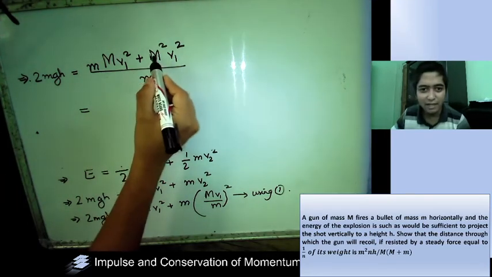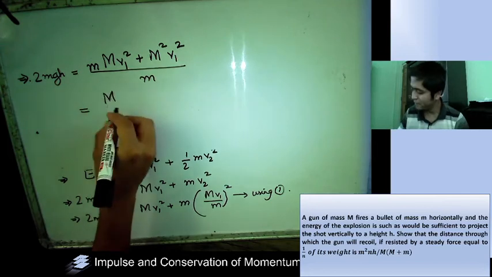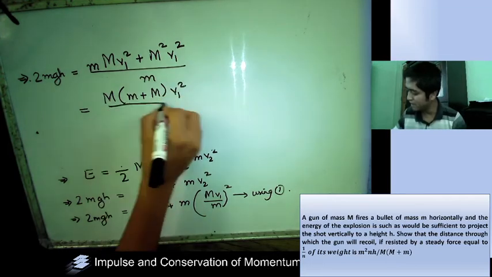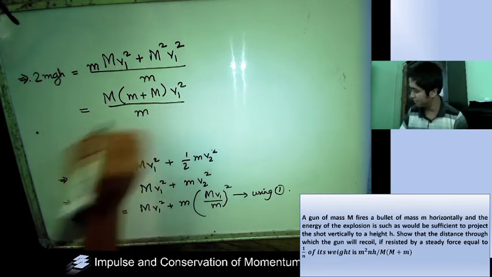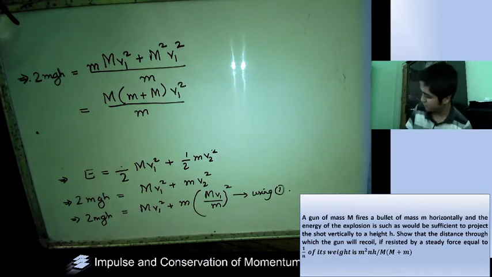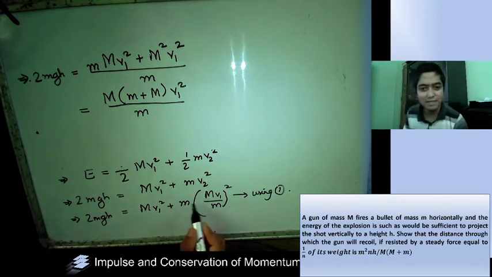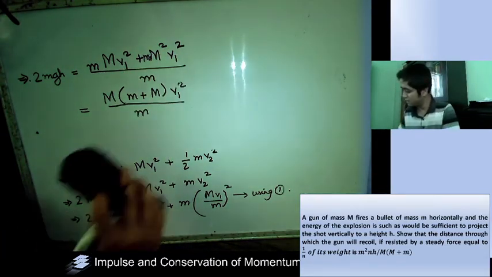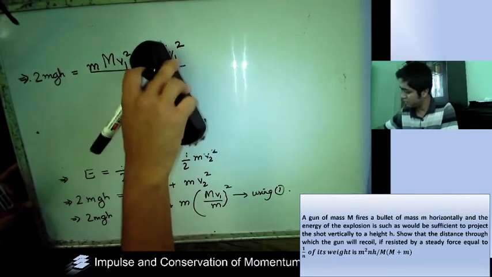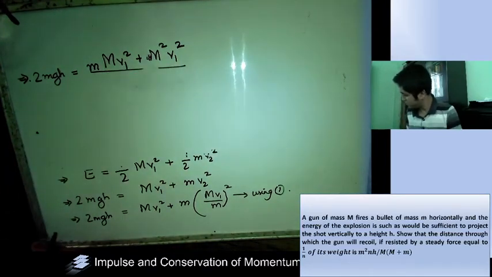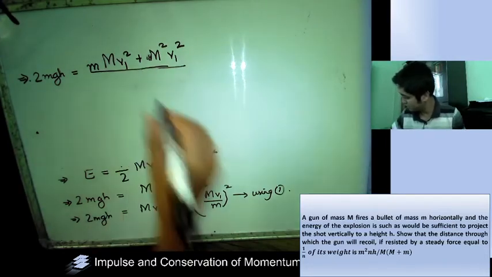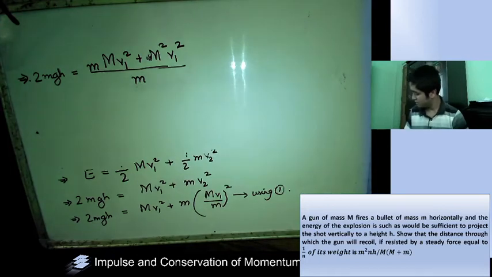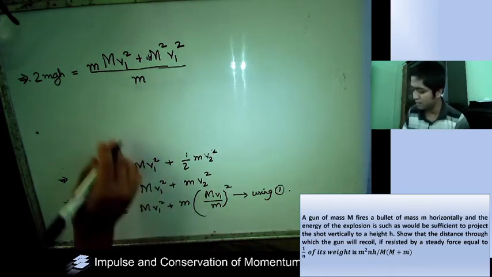So you can take common m again, then you will be getting M plus m v1 square divided by M. I think over here we will still be getting one more m. Okay, actually no more m. So this is what we will get.